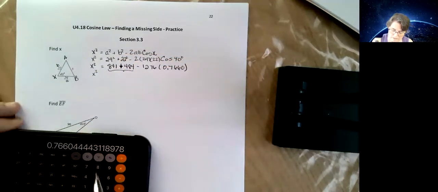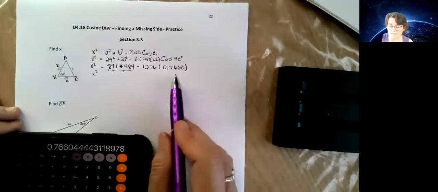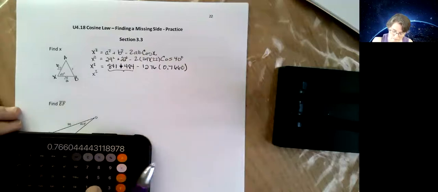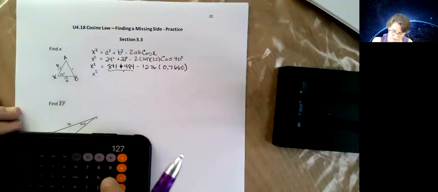Oh, I may be lazy again. I already have this on my calculator, so I'm just going to multiply it by 1276.